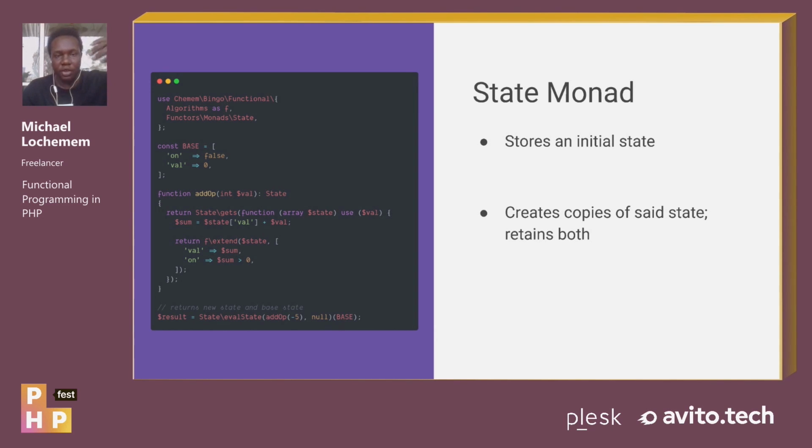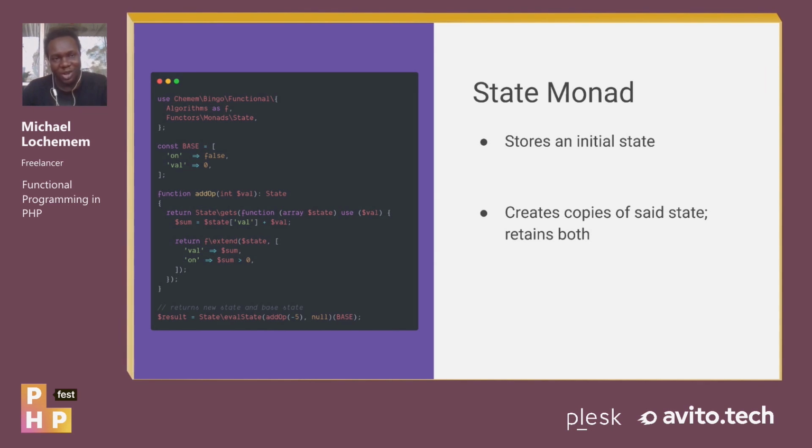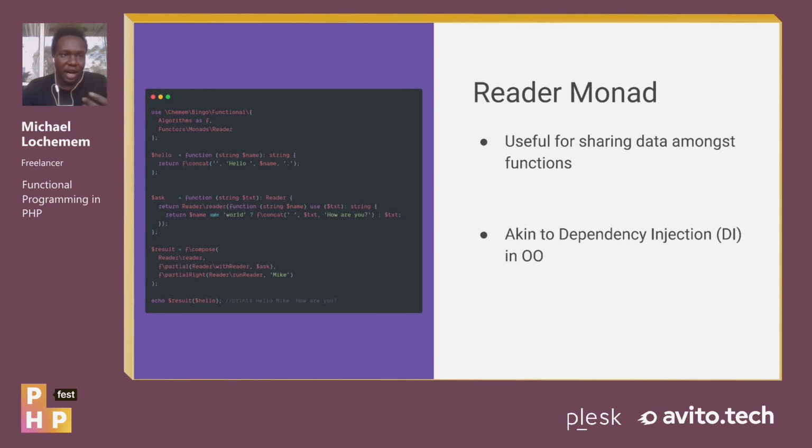So if the value is less than 0, then the on value will be set to false, but I'll still be able to retain my base state, which is on false and value 0. So the state monad is really nice if you want to work with an initial state and retain copies of the transformed version of that state.